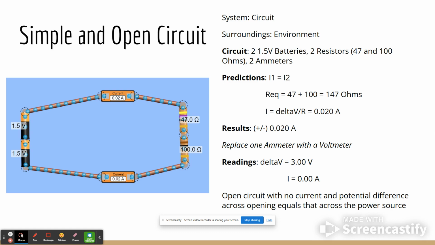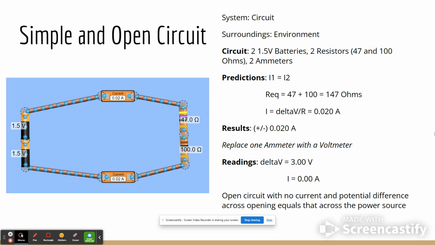So for the first simple open circuit, of course this system is just the circuit, and the surroundings is just the environment. The circuit consists of two 1.5 V batteries, two resistors, one at 47 and one at 100 ohms, and then two ammeters.